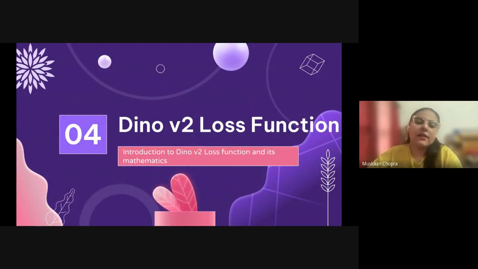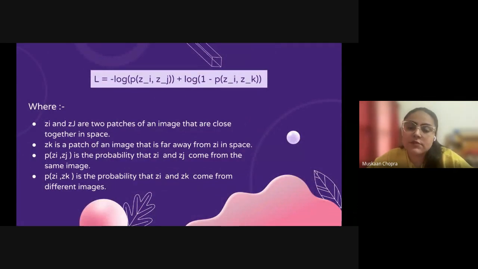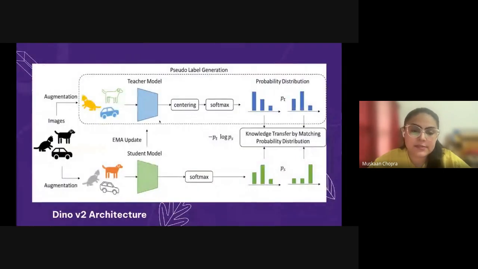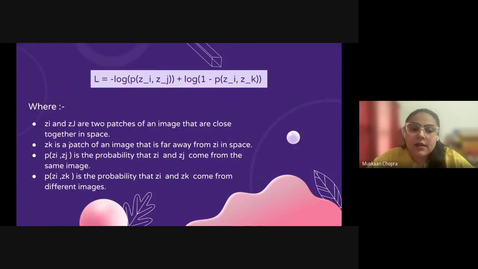Some mathematics behind DINOv2 is its loss function, which plays a very important role. The loss function majorly comprises two terms, as you can see. Zi and Zj represent two patches of images that are close together in space. Here, Zk is a patch of an image that is far away from Zi in space.